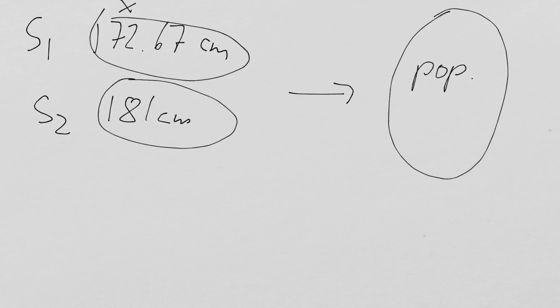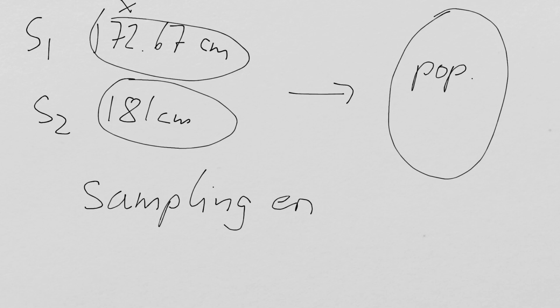This fact is called sampling error. Sampling error simply means when I pick a sample, I get a certain value.